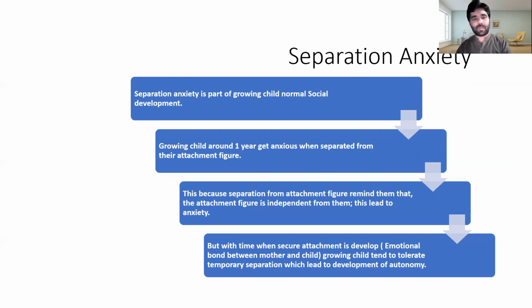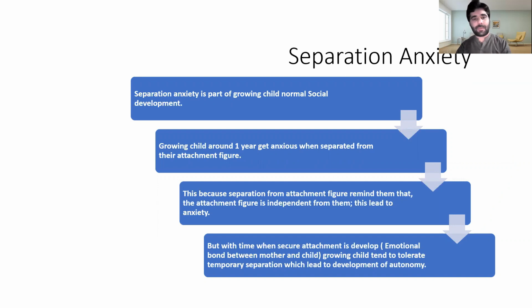And with time, as the child grows, the emotional bond between the child and mother becomes more secure, and the child can tolerate a temporary separation. This leads to development of another quality or skill which we call autonomy.